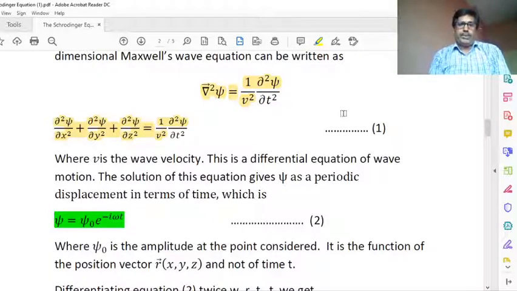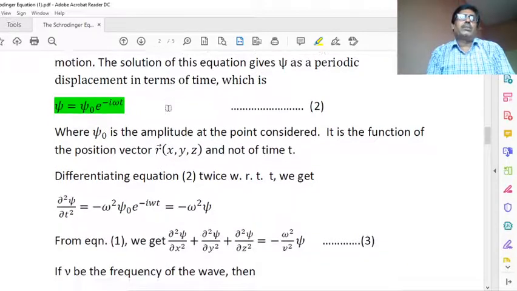You may say this is the differential equation of wave motion. Now we proceed. Once we have written the differential wave equation, we try to solve it. First we take a trial solution. Suppose its solution is psi equal to psi 0 e to the power minus i omega t.